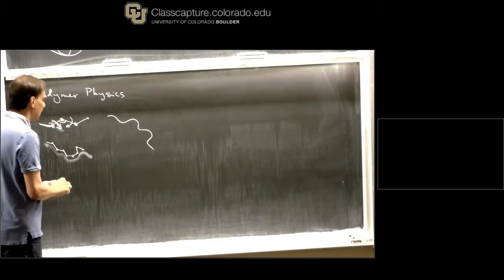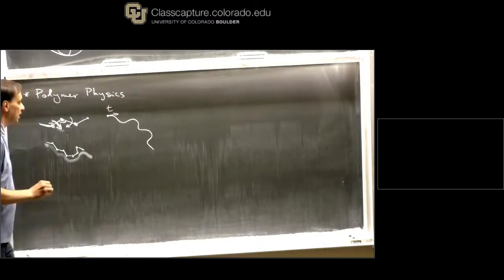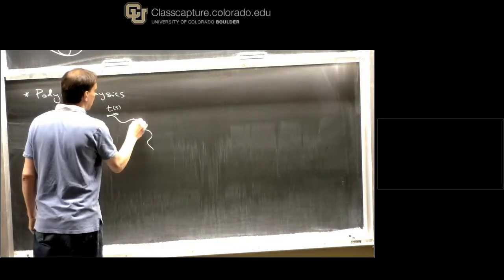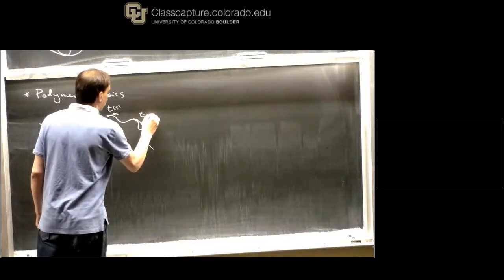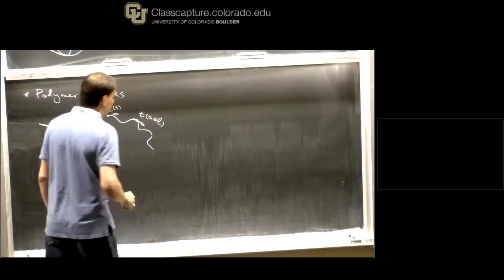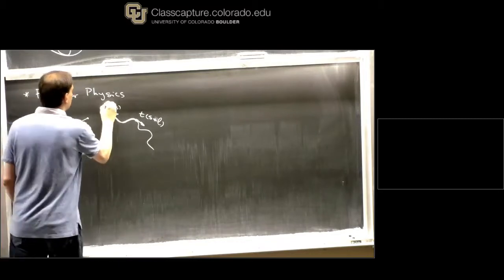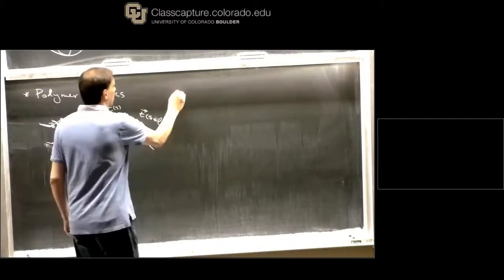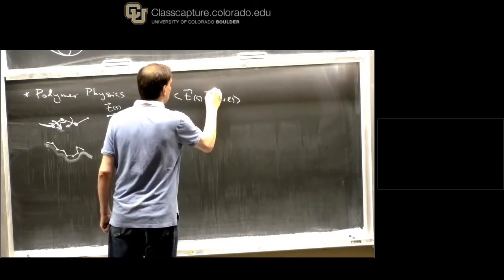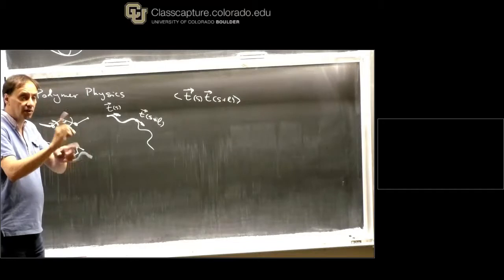And the way I can quantify this, I can look at the direction of this segment at position S, and then look at the orientation of the segment at position S plus L. So if I look basically at the angle between these two vectors, the angle between T of S and T of S plus L, that will tell me how much freedom they have in terms of orientation.